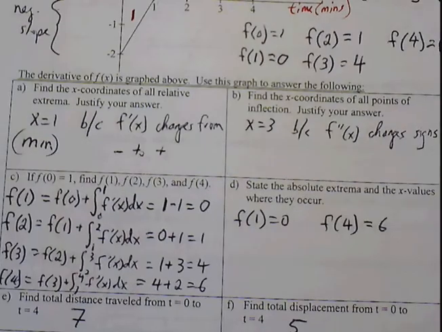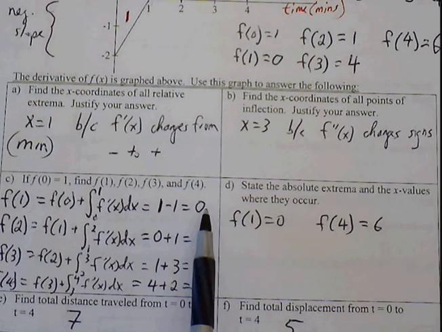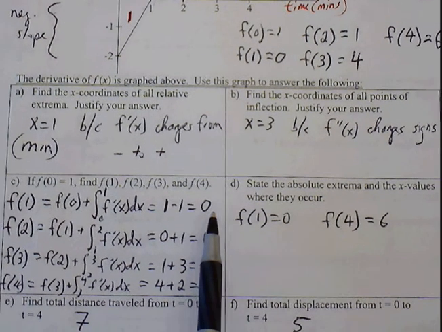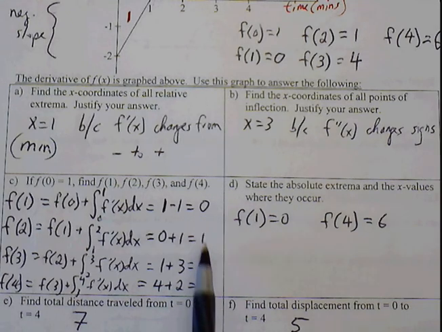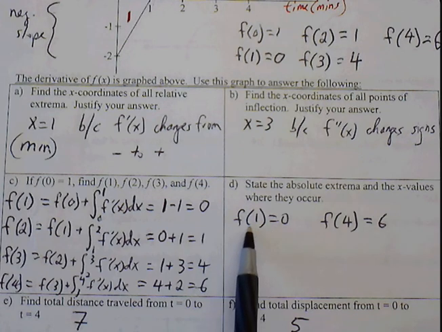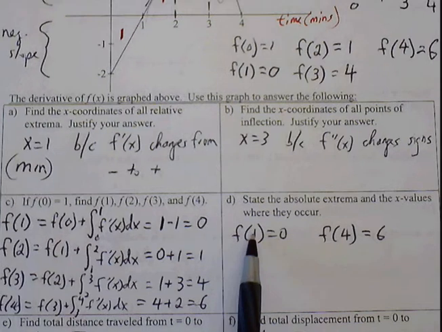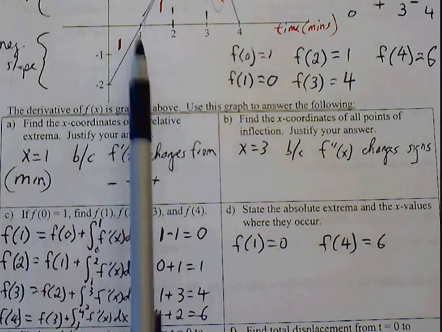Okay, so part D says state the absolute extrema and the x values where they occur. So we see that the furthest left he's going to be, the minimum, will be at t equals 1, because he moved backwards, in the opposite direction, for 1 minute.